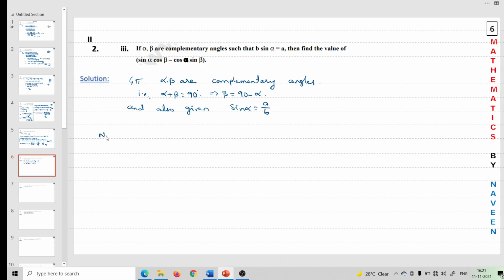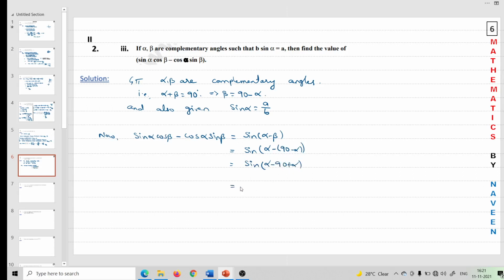Now I am finding the value of sin alpha cos beta minus cos alpha sin beta, the formula of which is sin of alpha minus beta. You have to remember this formula. That equals sine of alpha minus beta, and what is the beta value? 90 minus alpha. I am writing it here. That equals sine of alpha minus 90 minus alpha, minus into minus is plus.